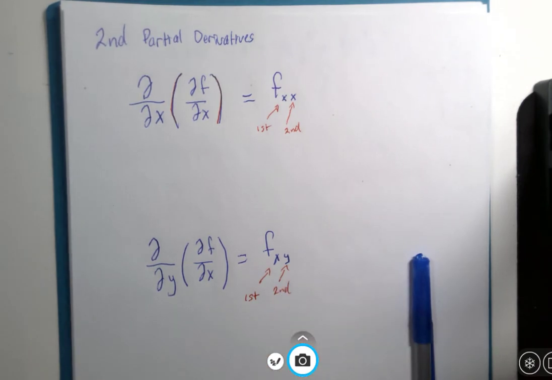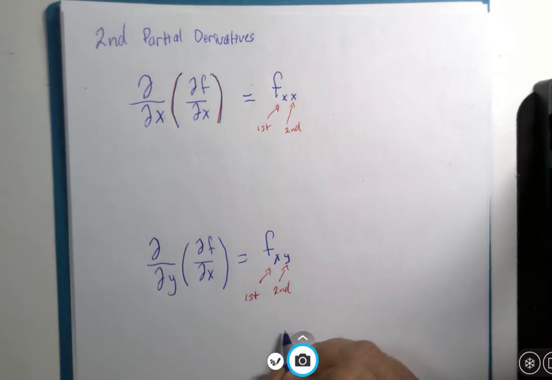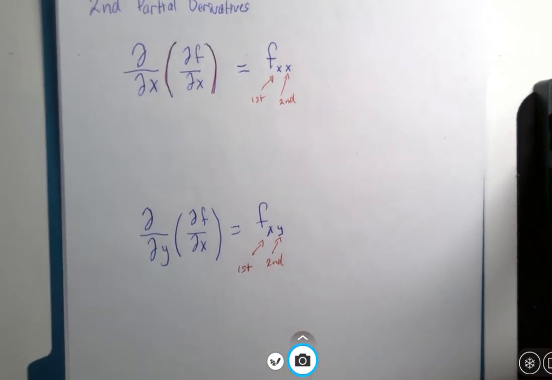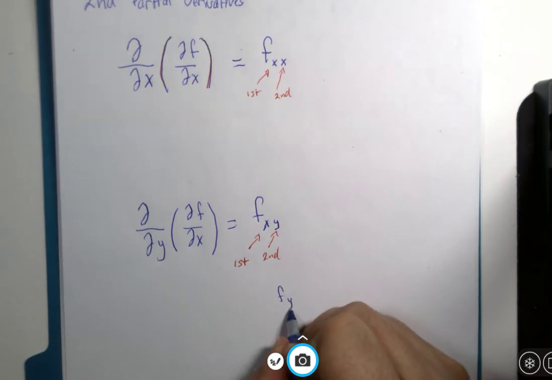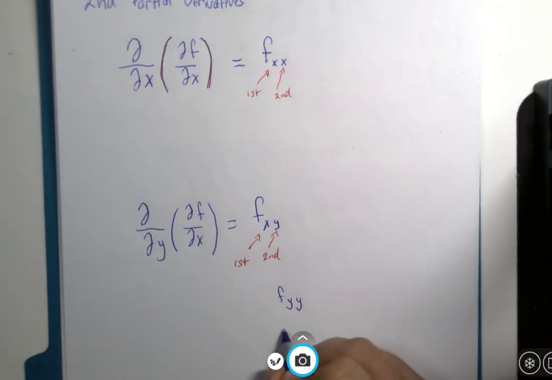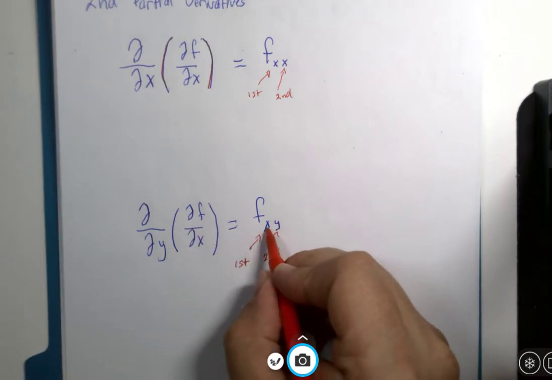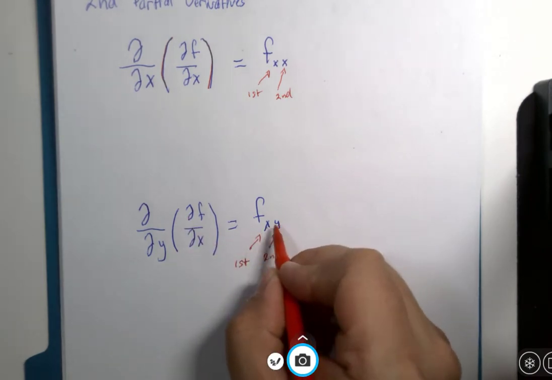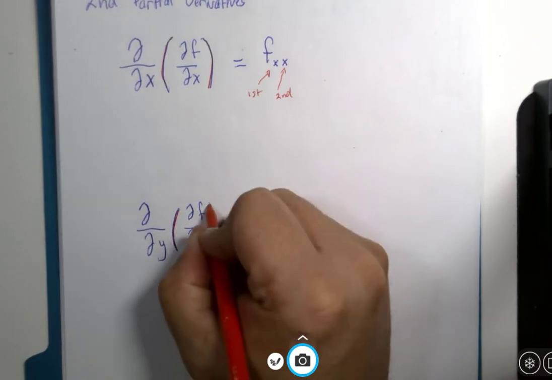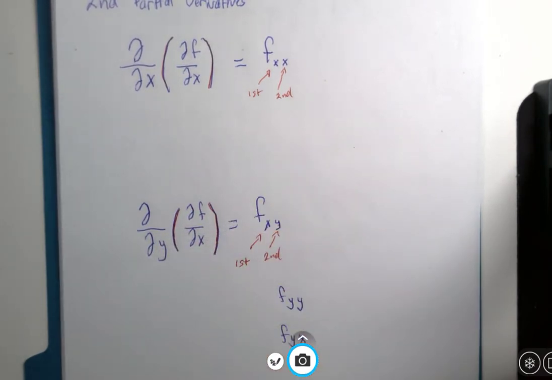And there are two more that are not shown on this page, the variation for starting with y and then doing the y derivative again, or starting with y and then doing the x derivative again. But as long as you understand that this first notation is what you do first and this is what you do second, it's not really that difficult to work from there. So we're going to try all four combinations on one problem just to get some exposure, some practice.